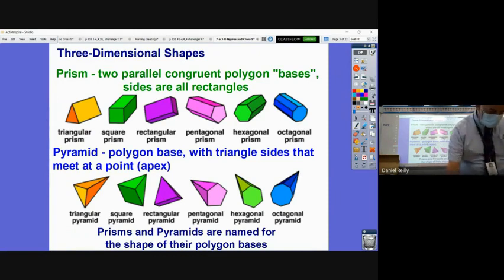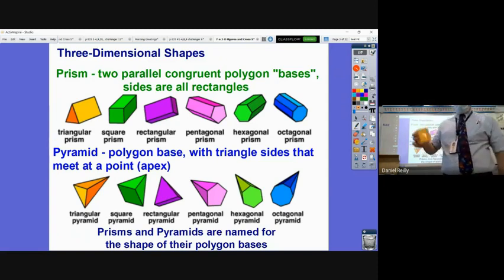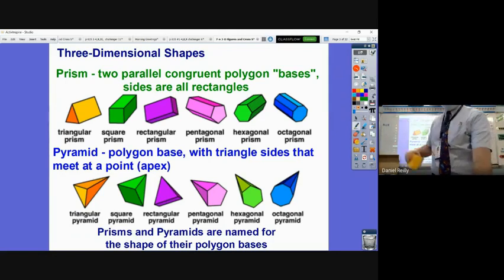All right, so there are two types. The first type is a prism. A prism has two polygon bases. They can be any shape, any polygon. This is a rectangular prism. This is a hexagonal prism because the bases are hexagons.